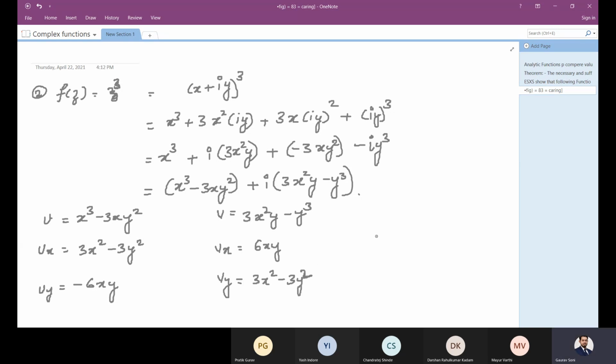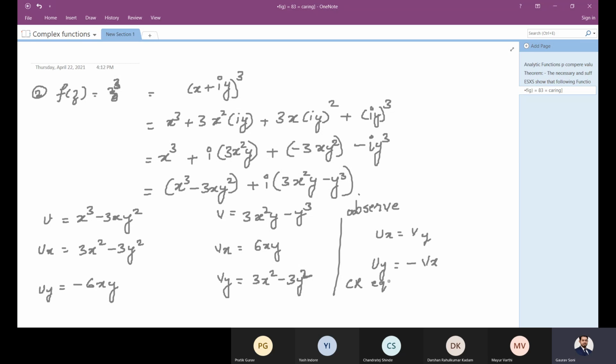So from this we can see that ux equal to vy and uy is equal to minus of vx.